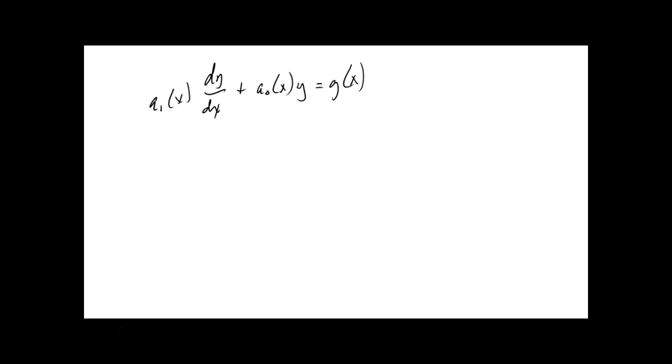Notice no y dependence here. The only y here is to the first power. Everything else is a function of x, and this is only a function of x. And by the way, x's can be to any power you want to. They could be sines, trigs, exponentials, logs. They could be to the 15th power. They could be all that stuff. The y can't.